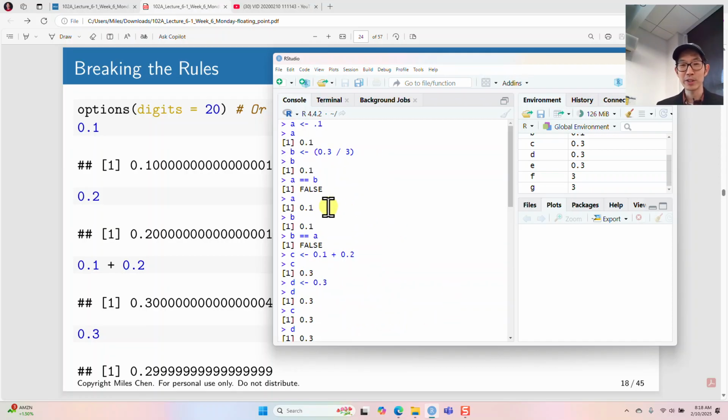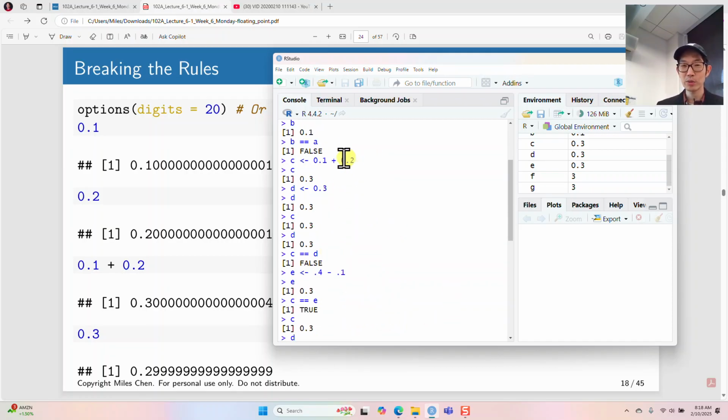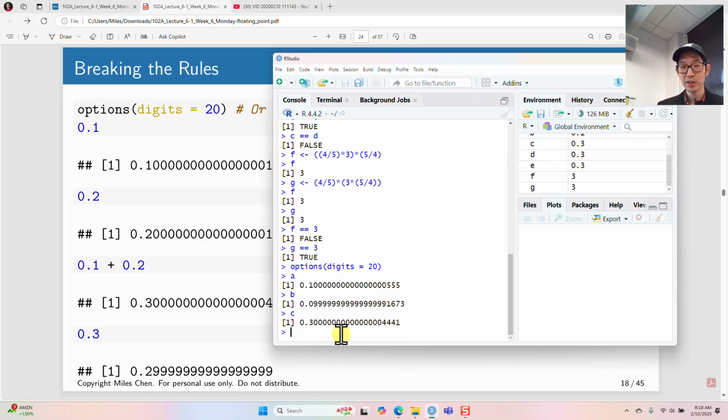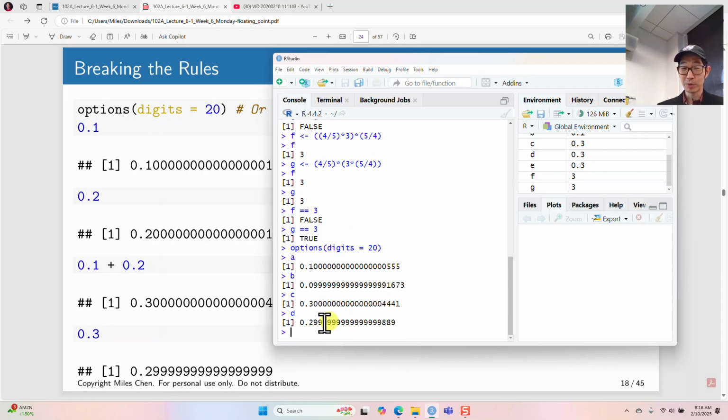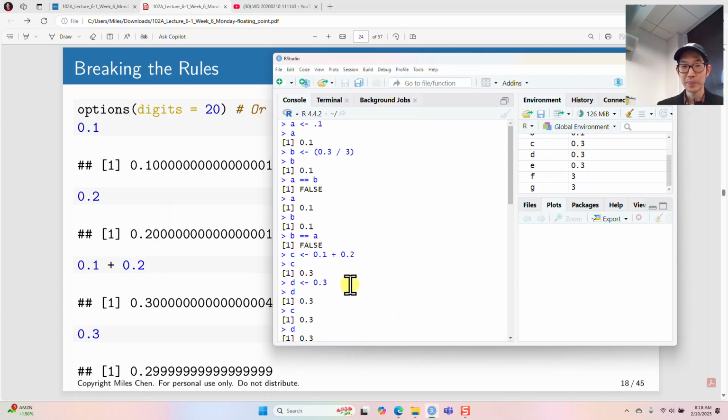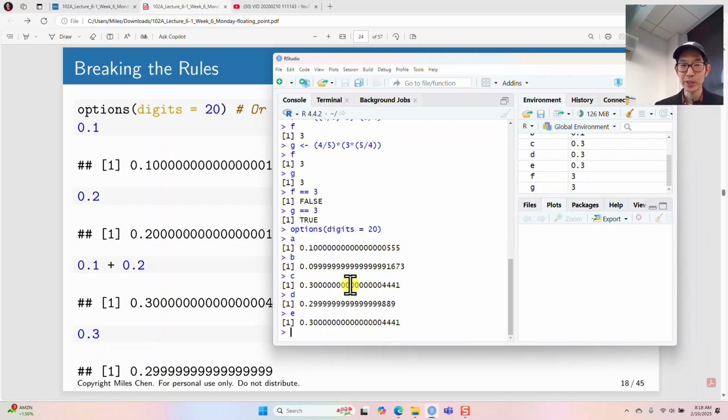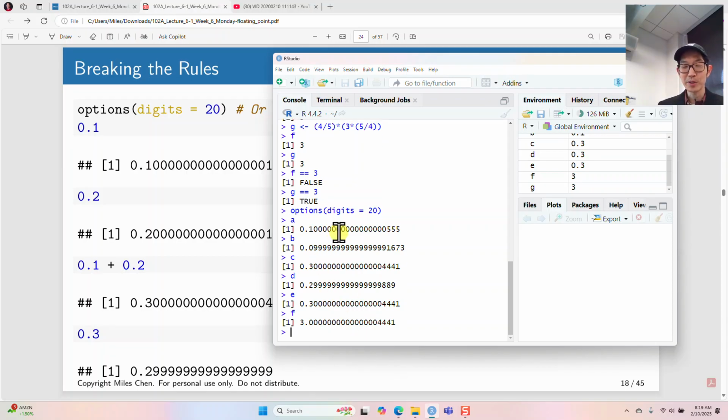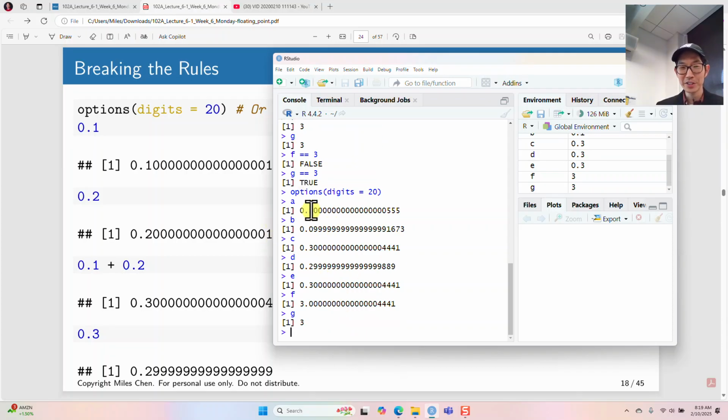And then over here I have C. What do you get when you do 0.1 plus 0.2? You get that. What do you get when you type in 0.3 directly? You get that. So these two things aren't exactly the same. E was 0.4 minus 0.1, and so C and E are equal to each other, okay? F is the number 3, and G is the number 3, and 3 is the number 3, okay?